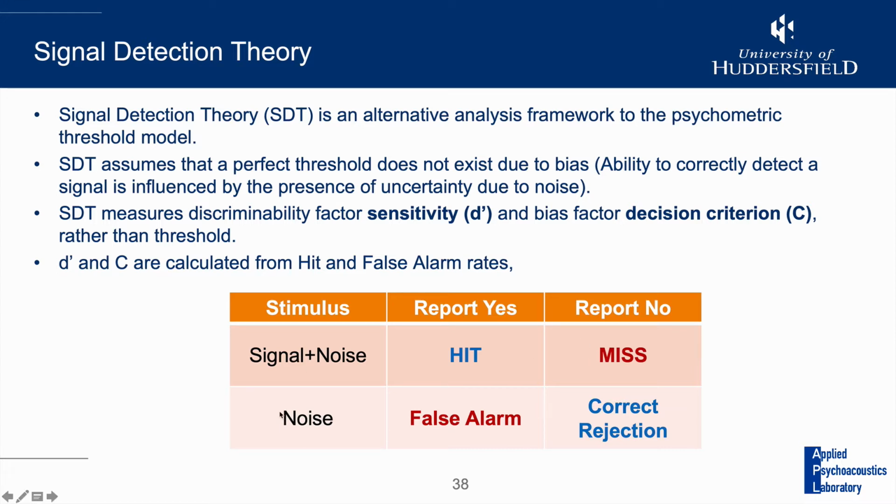On the other hand, if the presented stimulus in the trial was noise, or maybe just silence, but the subject response was yes, then we call it a false alarm. So for example, when there was only silence and the question was, was there a tone presented? If the response was yes, then it would be a false alarm. But when the response was no, then it would be a correct rejection.